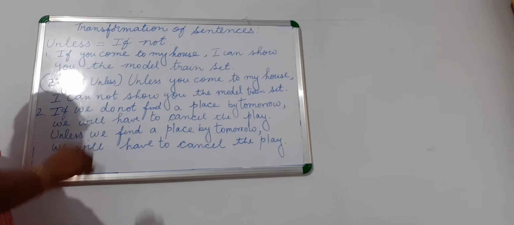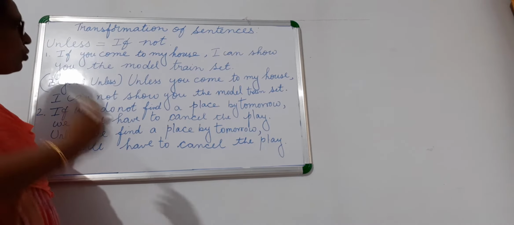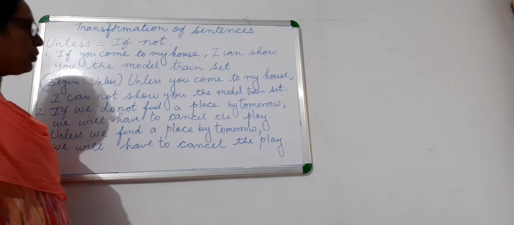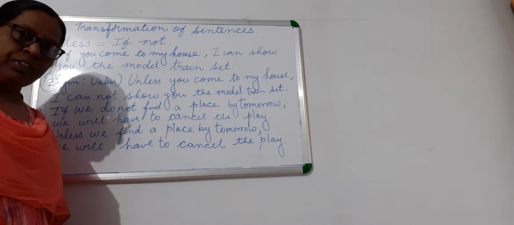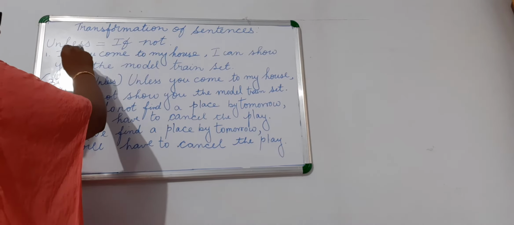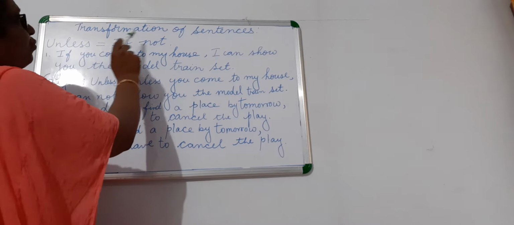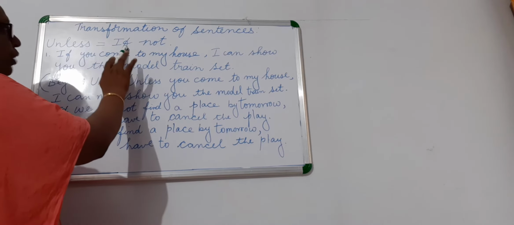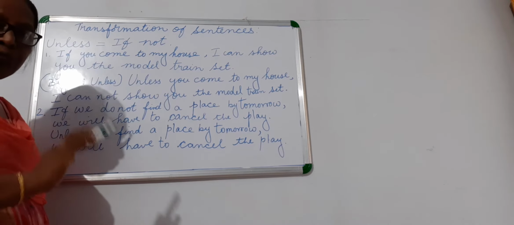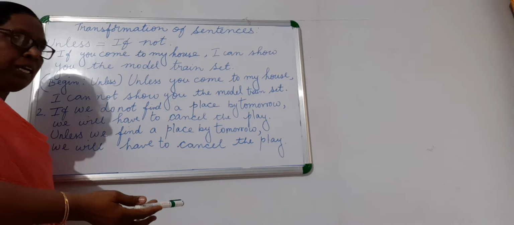Now, you should know the meaning of unless. What does unless mean for this transformation of sentences? Unless means it is equal to if not. Unless means if not. If not, this happens. If not, it takes place.